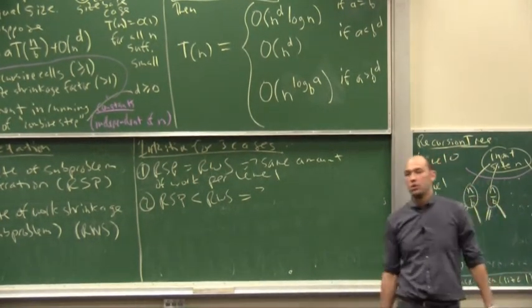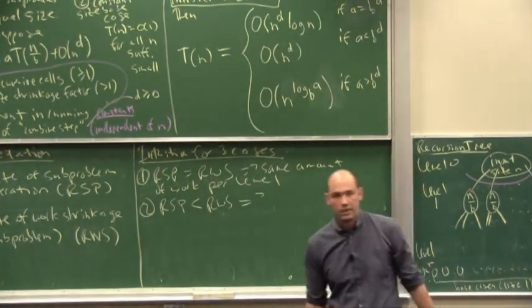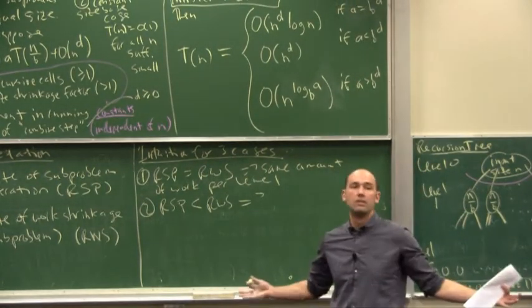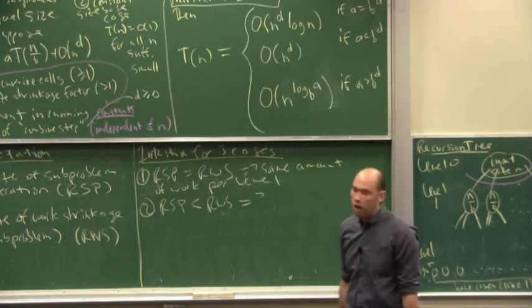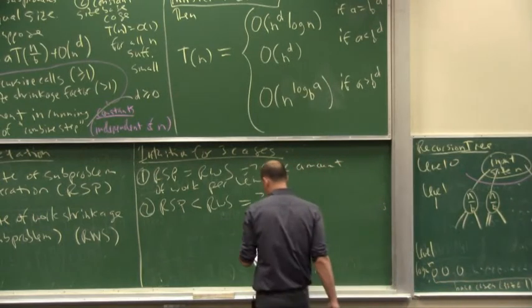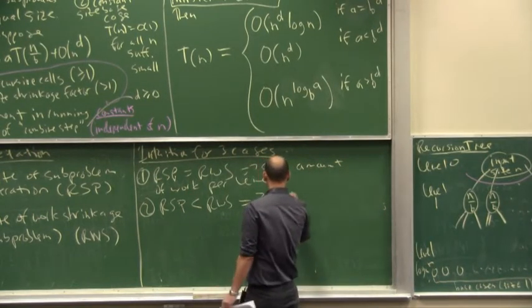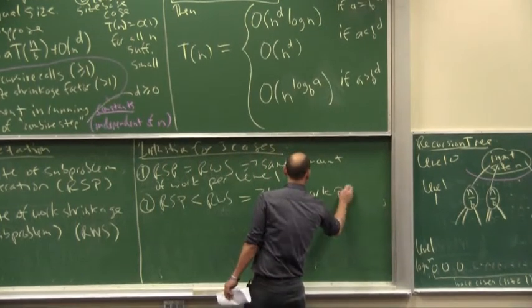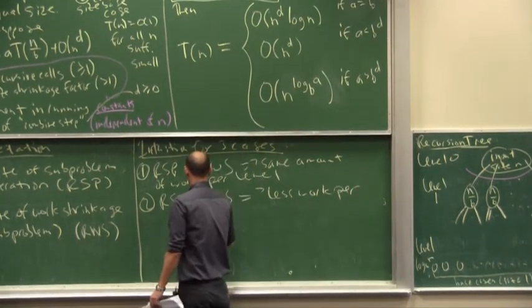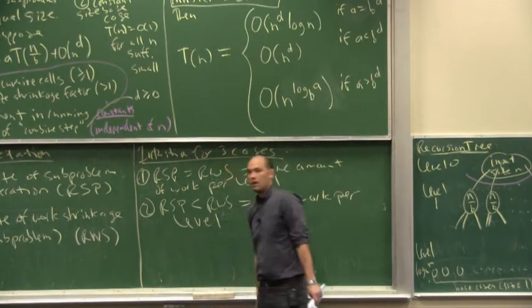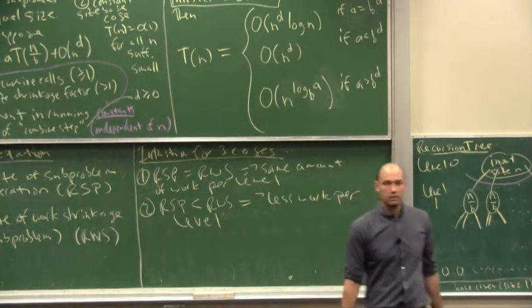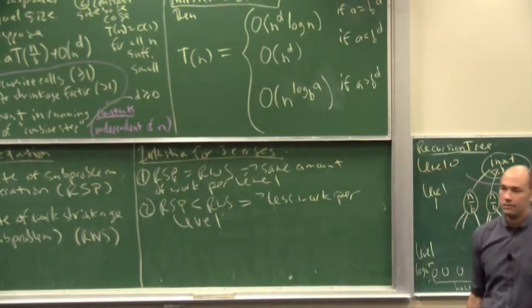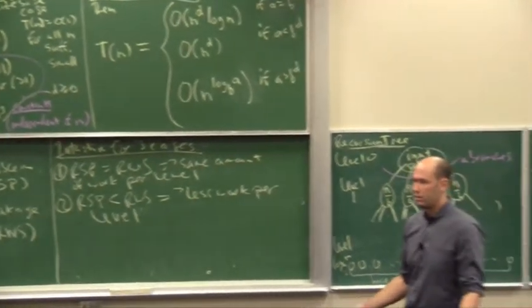Each level, you do less than the previous one. Yeah, there's more subproblems, but your savings is even greater. So overall, the work is decreasing for each level of the tree. Less work per level. So which level is going to have the most work? The top one, the root.